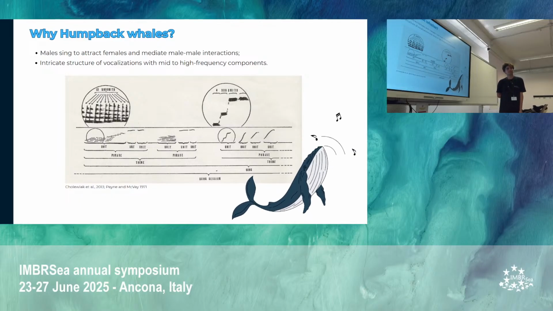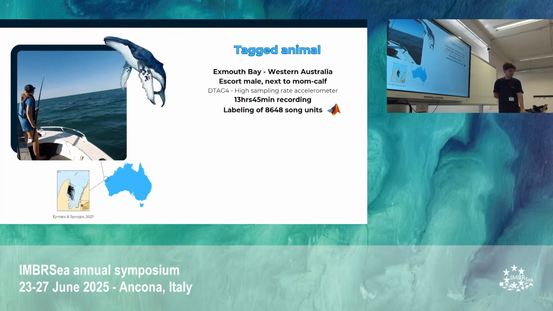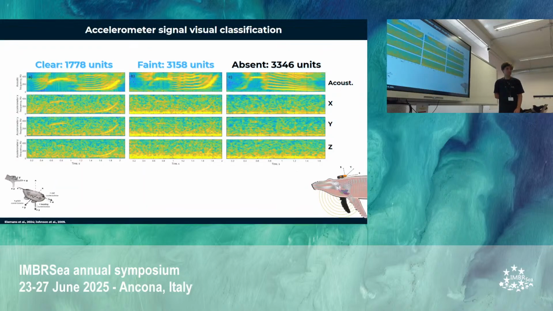I was wondering what's the difference between the information you get from the XYZ axes, where you decompose the direction of the movement of the sound waves, and the signal? Is the XYZ axis just a simple decomposition of the higher acoustic signal, or is there more, or is it some sort of difference?